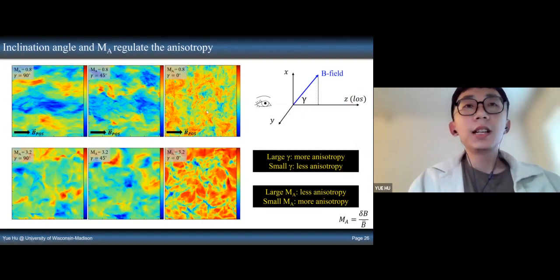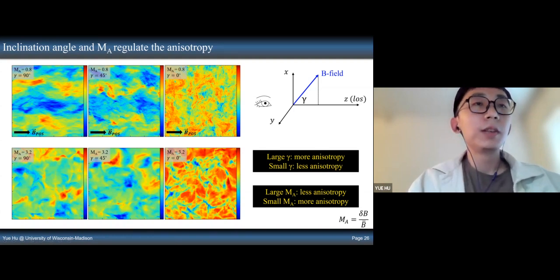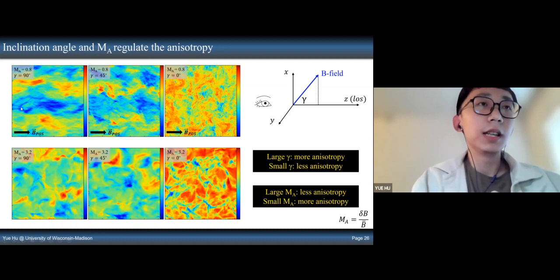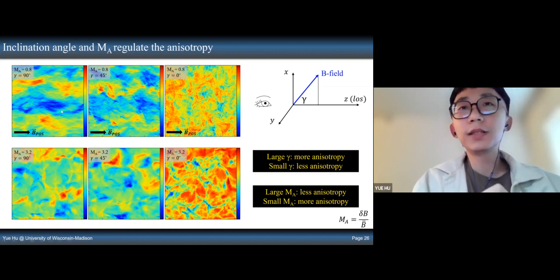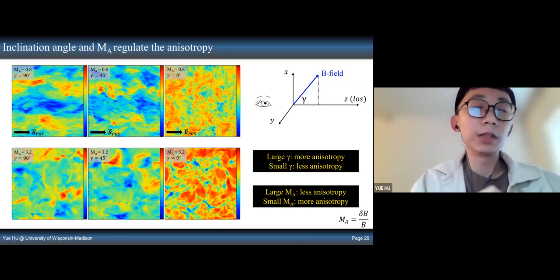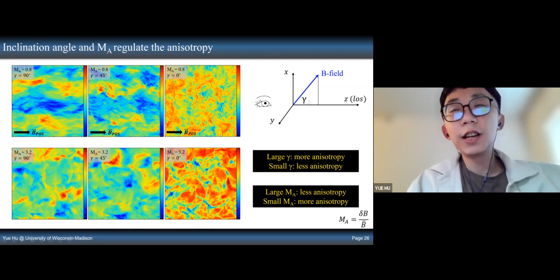Fortunately, we also have a way to get the three-dimensional magnetic field. Here I need to talk about the anisotropy again in the channel map. These are several channel maps obtained from emission lines from numerical simulation. But what do we find if we change the inclination angle gamma?